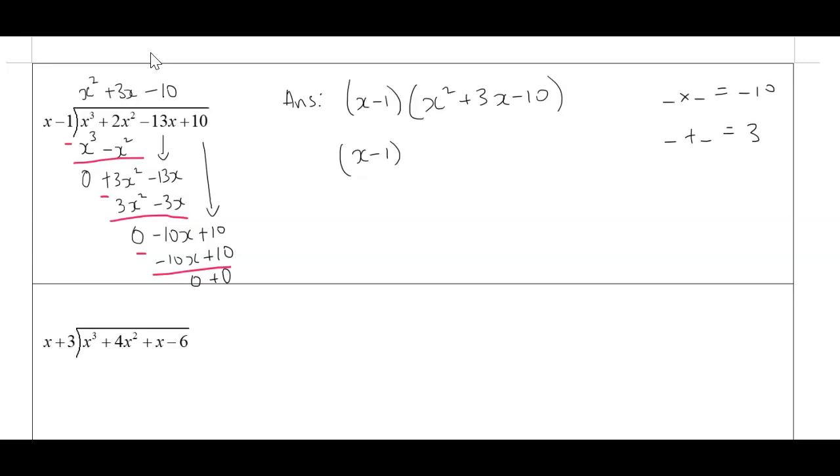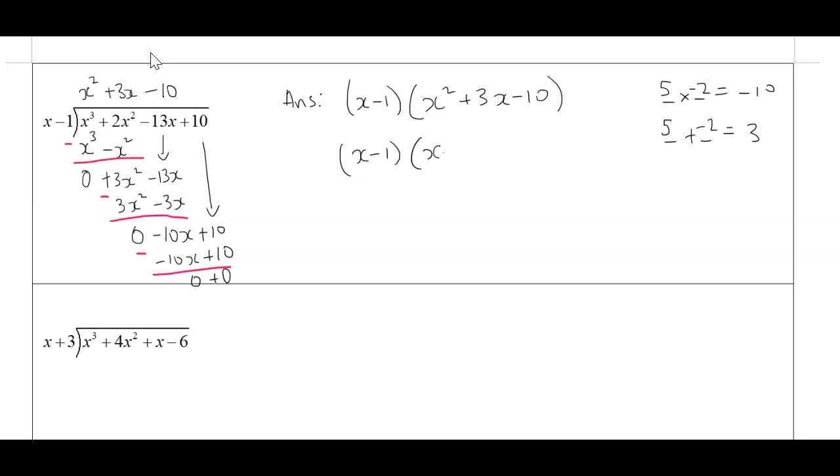So you're thinking of factor pairs of negative 10. You can have 10 and 1, you can have 5 and 2, and I think that's it. So one of them does have to be negative. And if we have a look at the number 3, that means we're going to do 5 minus 2. 5 times negative 2 gives us negative 10, and 5 minus 2 gives us 3.